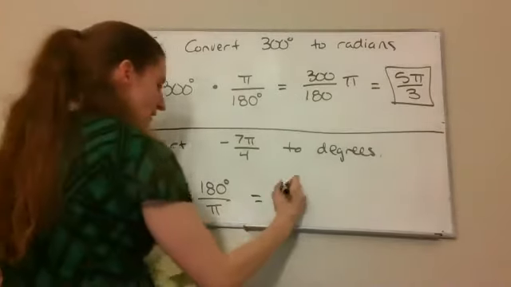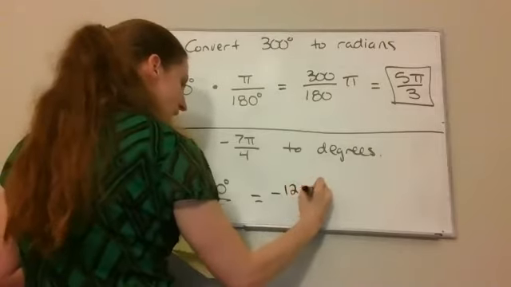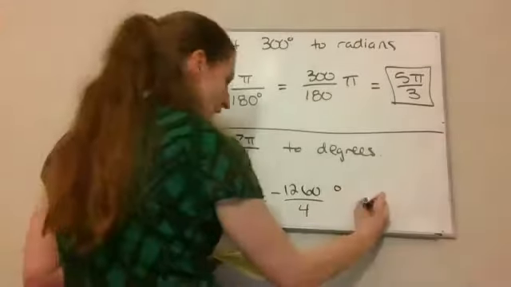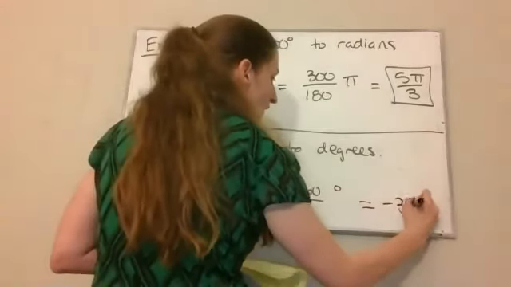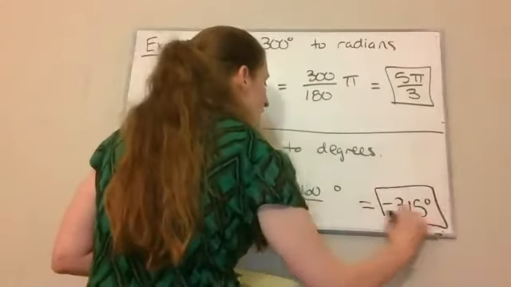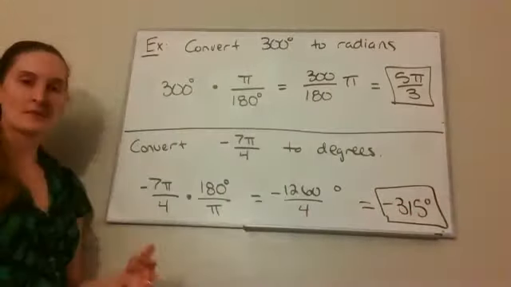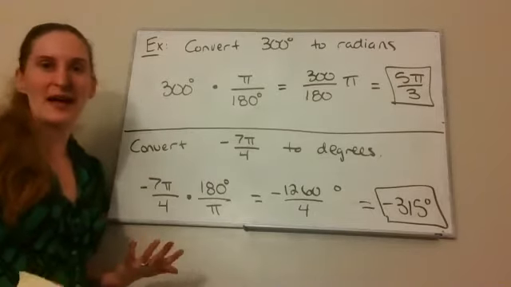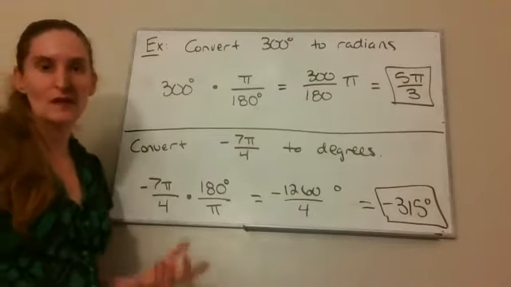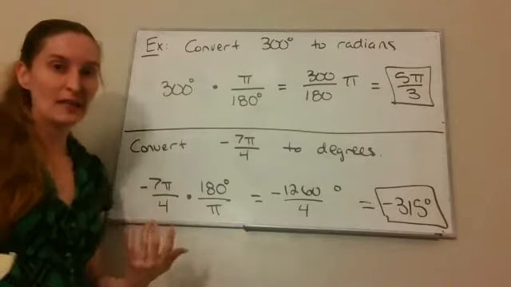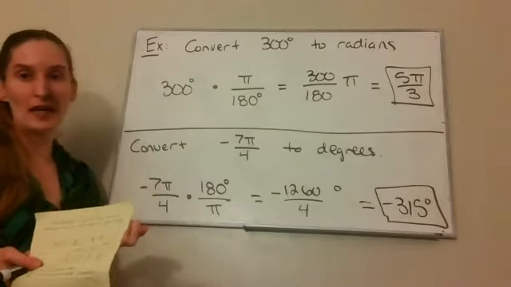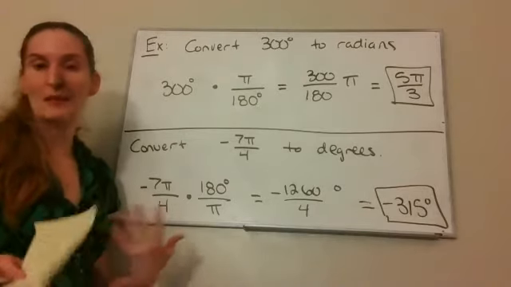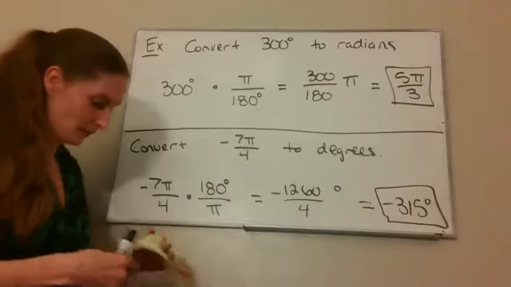And that will get me negative 1,260 over 4 degrees, which if I simplify that fraction is negative 315 degrees. So converting back and forth between the two really isn't too bad as long as you remember your conversions. To convert from degrees to radians, multiply by pi over 180. To convert from radians to degrees, multiply by 180 over pi.